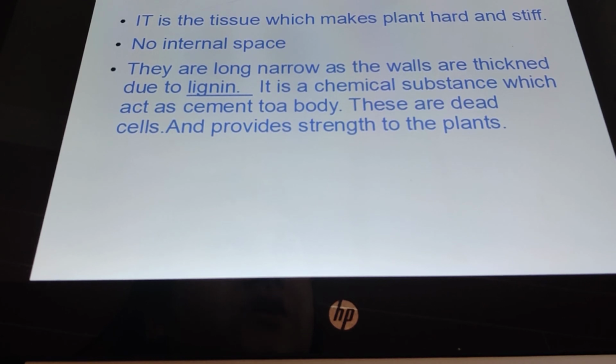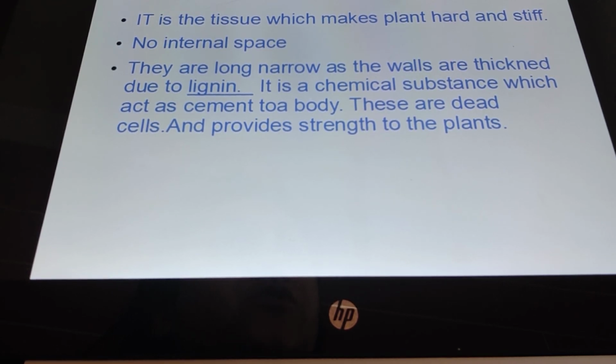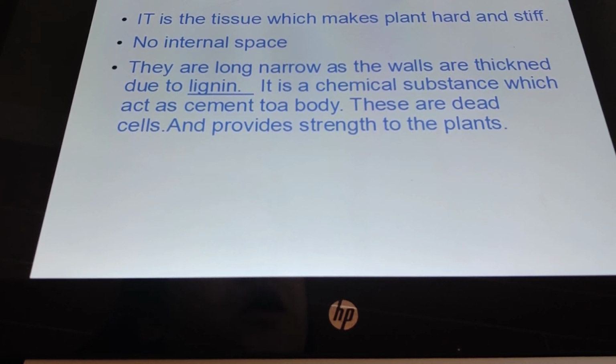As for function, parenchyma stores food in the form of nutrients and water, and also gives support to the plant. Collenchyma gives flexibility to the plant, especially so that stem and leaves can bend without breaking, and it also gives mechanical support to the plant.